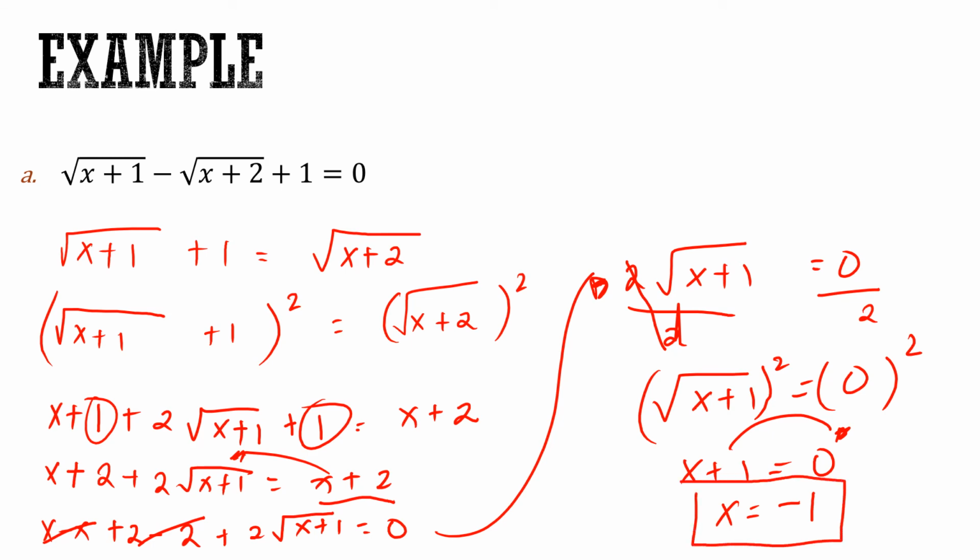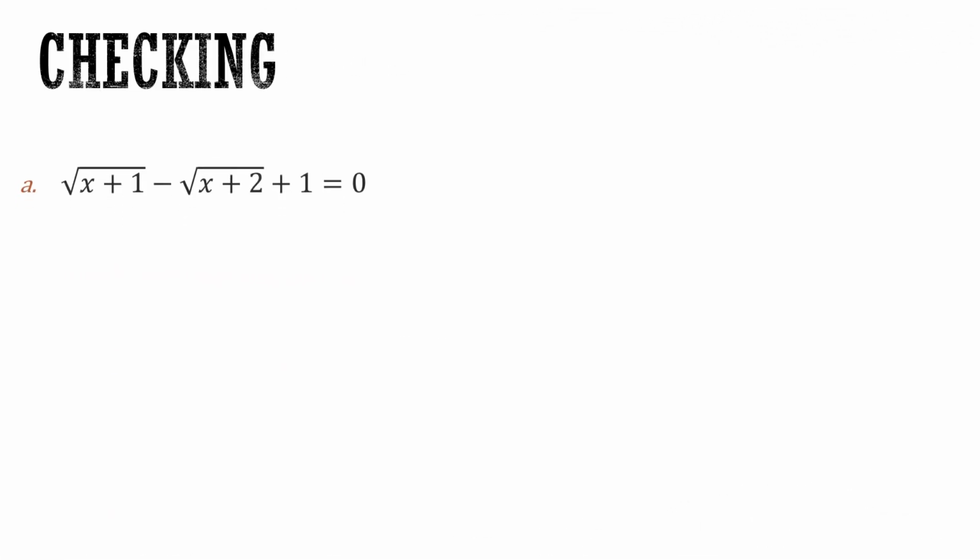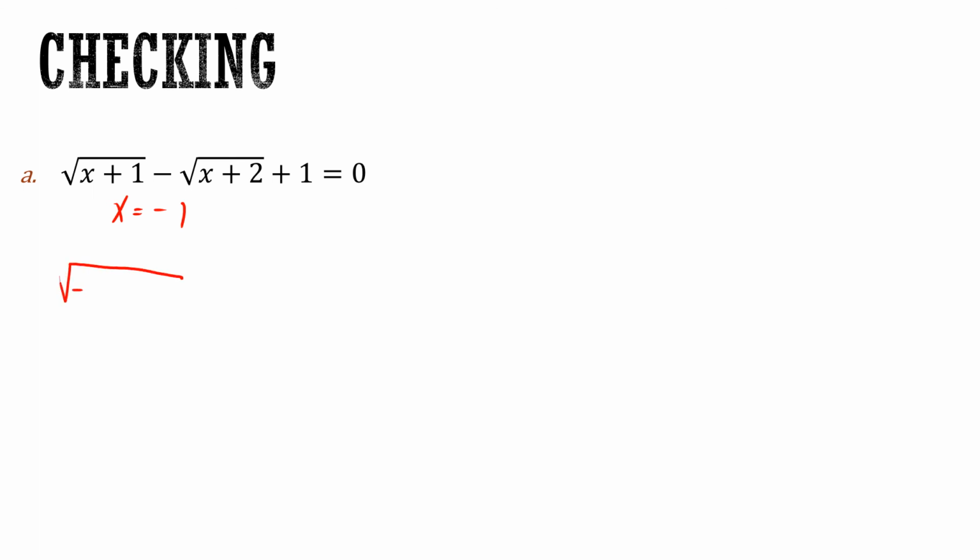Now let's check. The value of x that we got is x equals negative 1. Let's substitute negative 1 into the given equation. We have square root of negative 1 plus 1 minus square root of negative 1 plus 2 plus 1 equals 0.